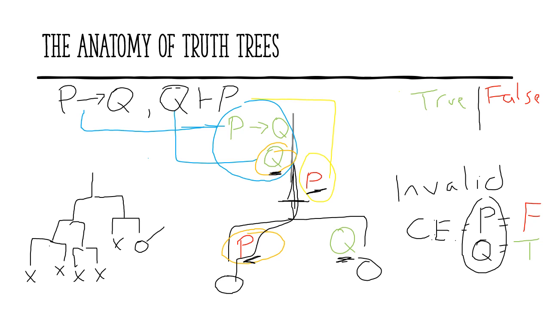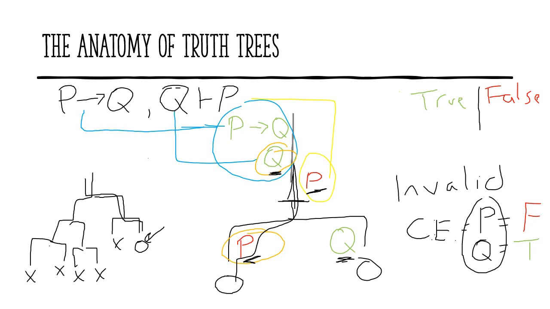It's still invalid because I have an open branch. And I would look back through this branch and see what the values of the letters are, like I did here, and I would write that as my counterexample. It only takes one instance of a branch being open for the sequence to be invalid.